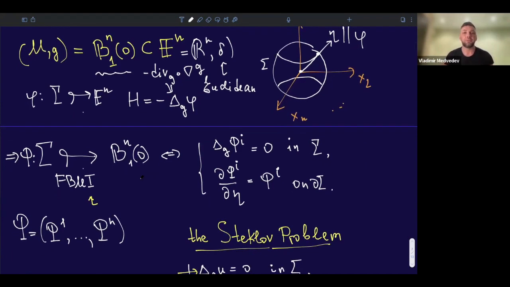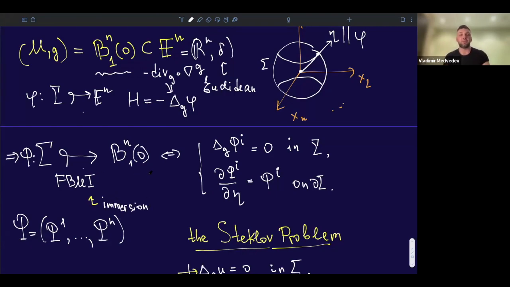And it is very nice because now we can rewrite in a very nice form the condition on phi to be a free boundary minimal immersion. This is FBMI. I will also use this notation. So this means free boundary minimal immersion, I for immersion.